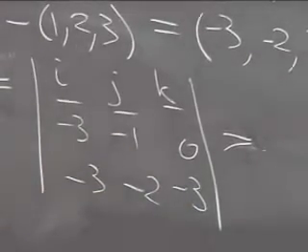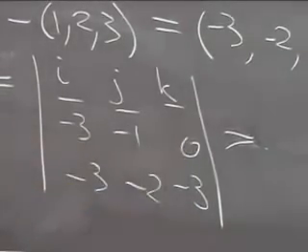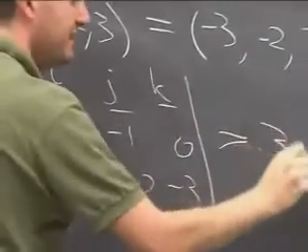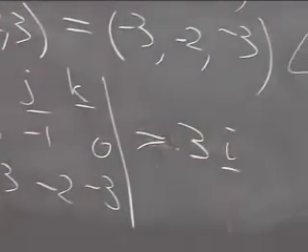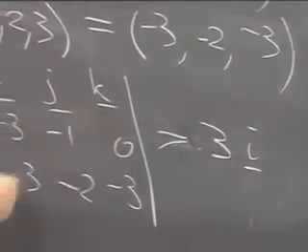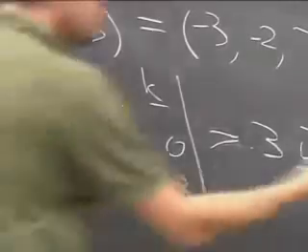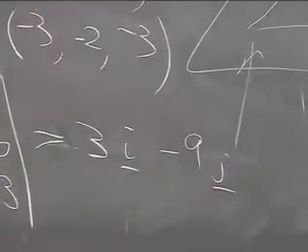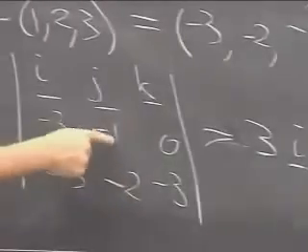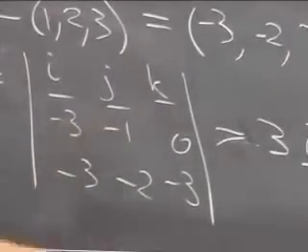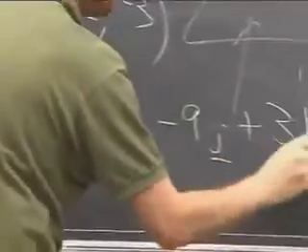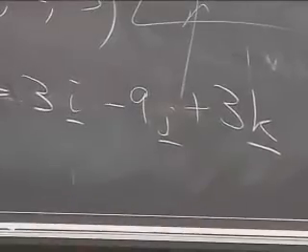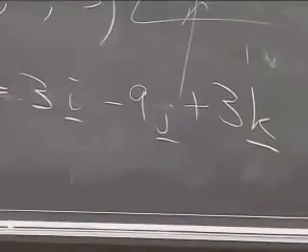Minus 1 times minus 3 is 3. Subtract 0. Okay, so you get 3i. So I was wrong. J, we're going to get 9, and then a 0 there, but there's a minus for the j. And how about a k? K, we're going to get 6 minus 3 is 3. Okay, so we found a normal. It's (3, -9, 3).